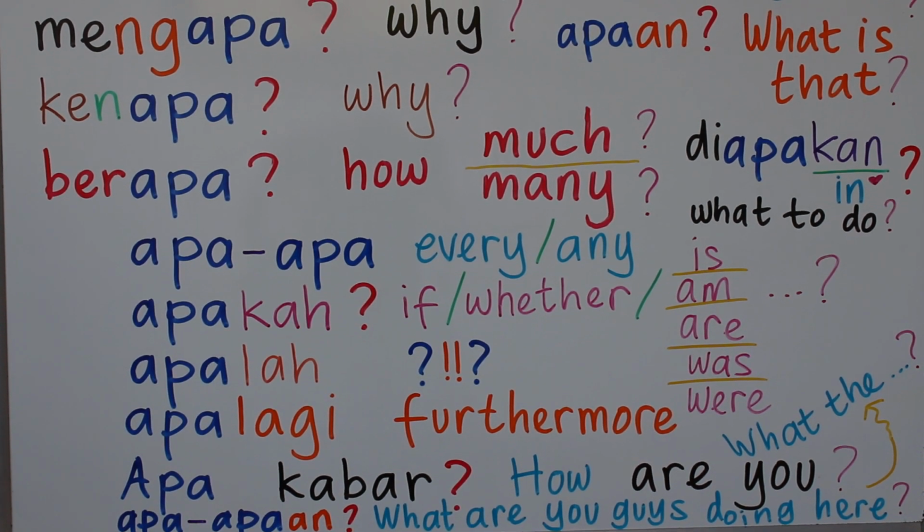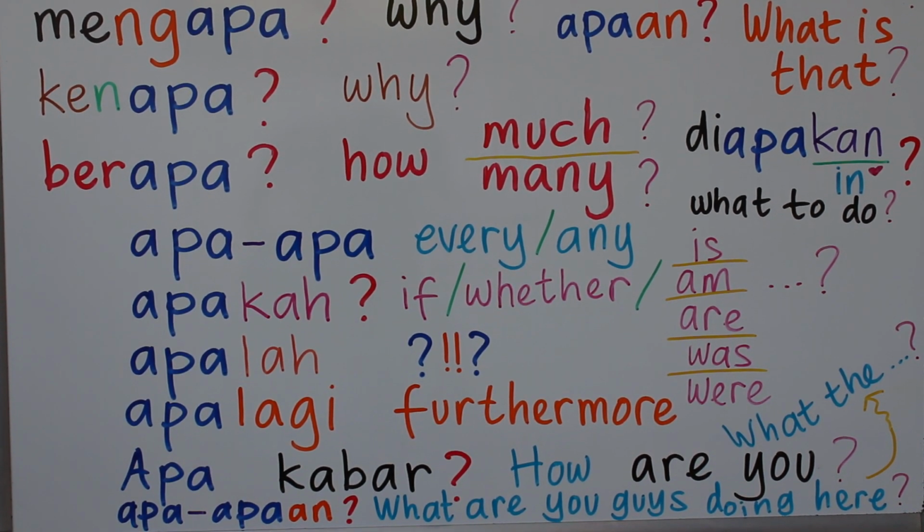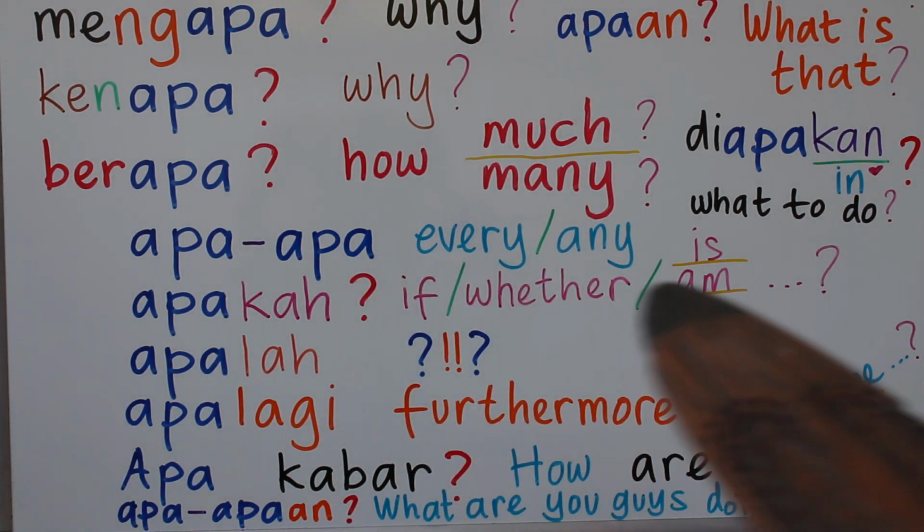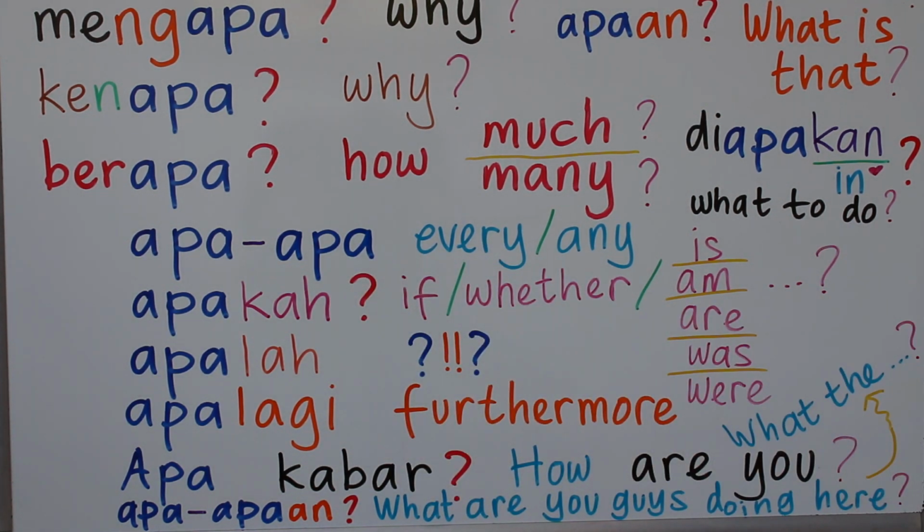I will just put it here. What to do? We add the prefix di and suffix kan. Diapakan. That's all. Diapakan.